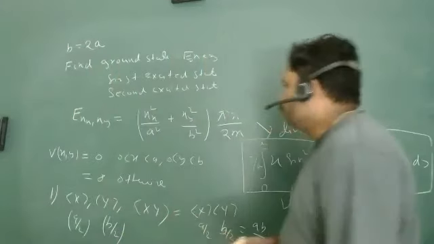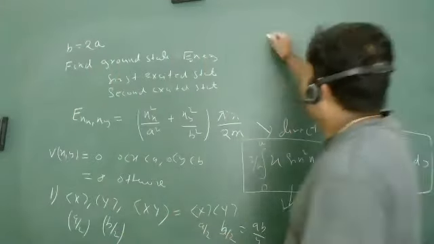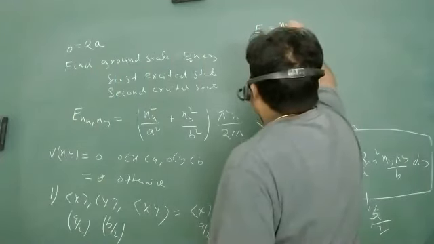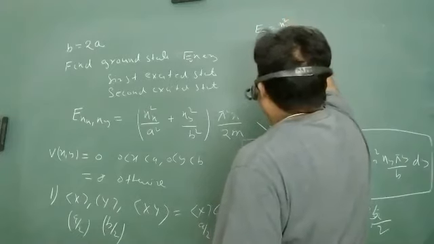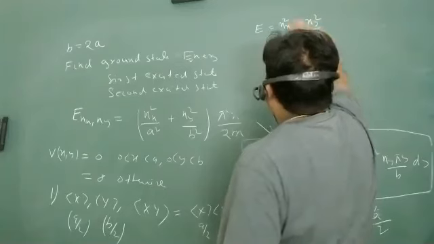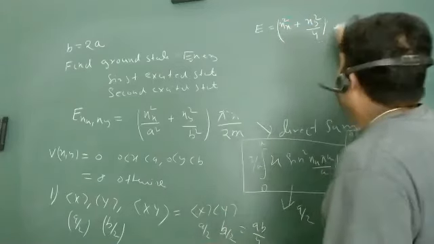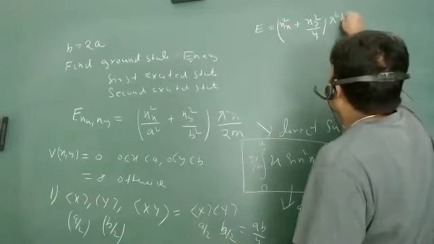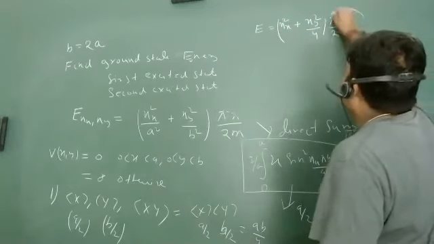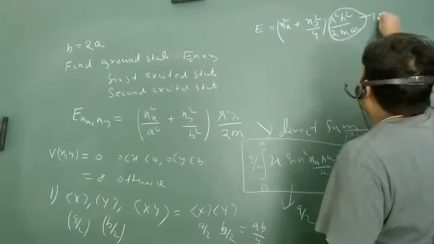Okay, so what will be the energy? The energy for the nth state is nx square plus ny square by 4. B is equal to 2A put in, and that will be pi square h cut square upon 2m a square. So I can write this as E naught.